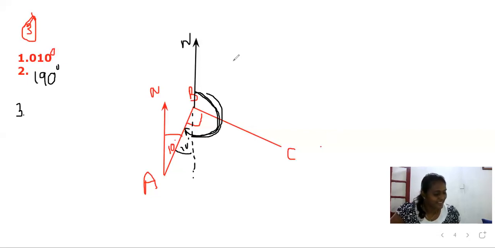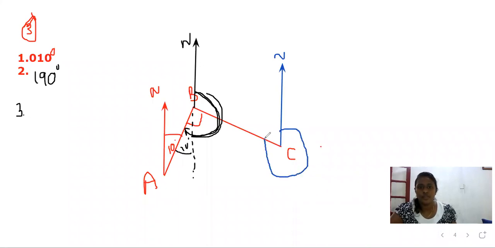Then the third one, determine the bearing of B from C. From the place named, it is always the north direction again. I'll do that calculation with blue. Determine the bearing of B from C. This angle is what is being asked. Now how to find this? For that I'll make some other small changes.